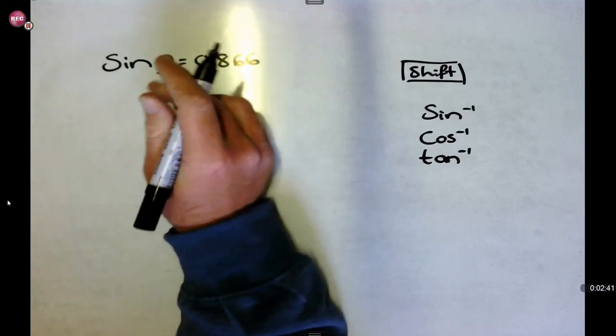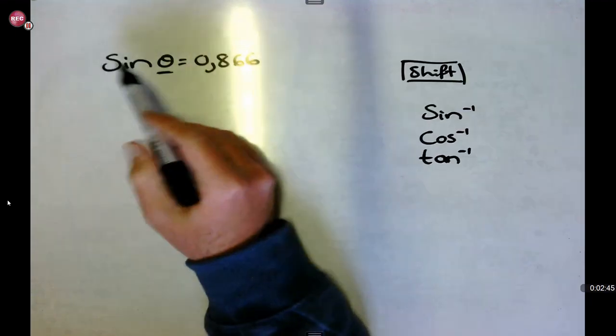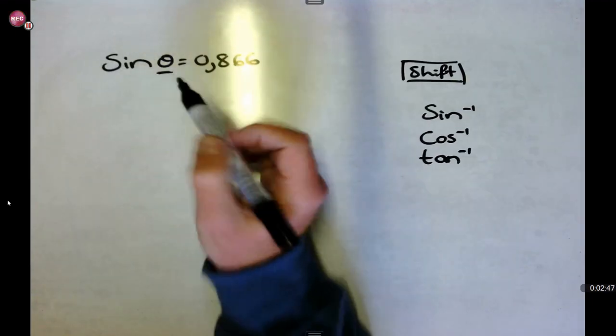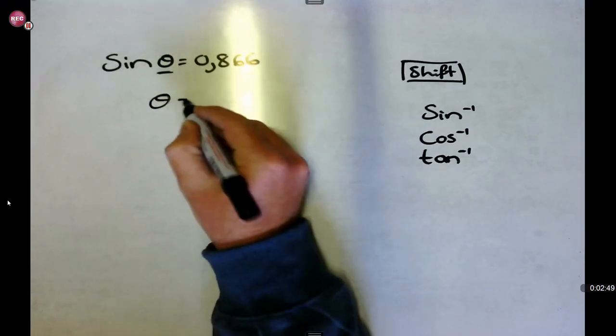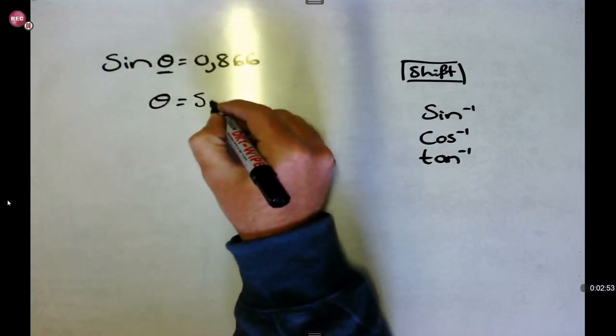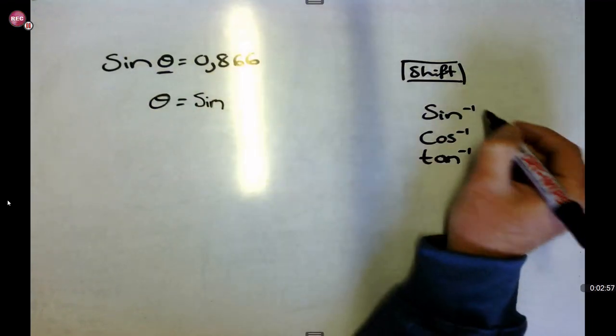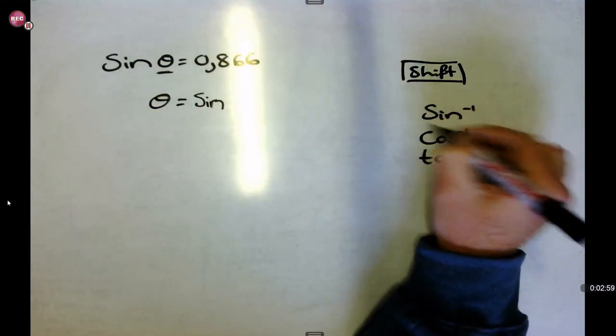Okay, so now with this, we are looking for the angle. So what we're going to do is leave theta on the left. We're going to bring sine over. But as soon as we bring sine over, it's going to become sine to the power of -1.